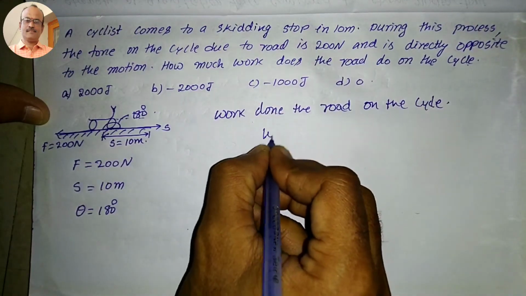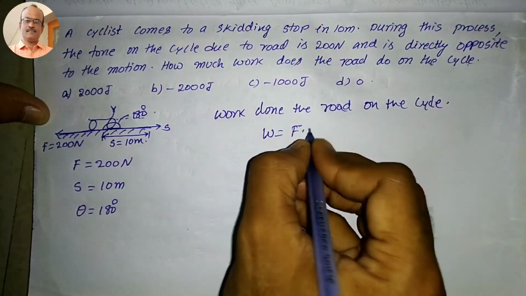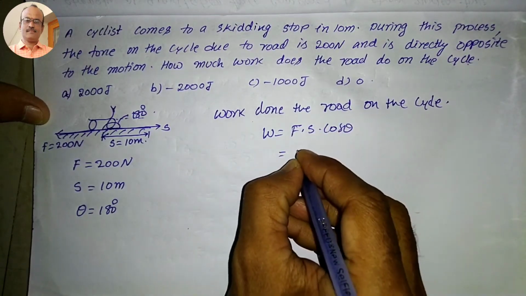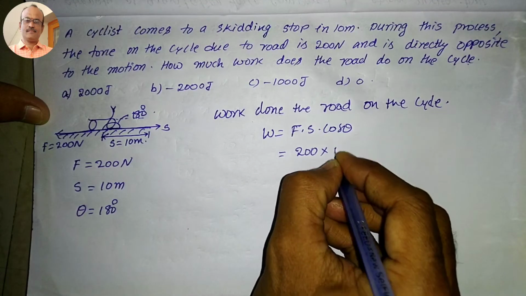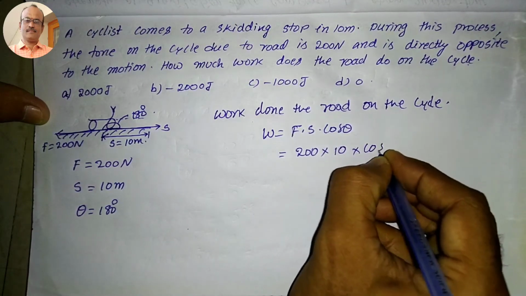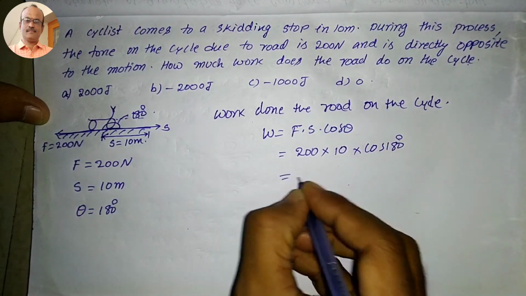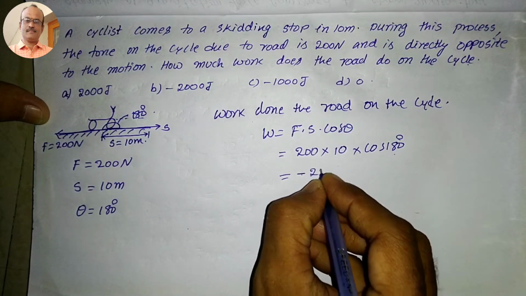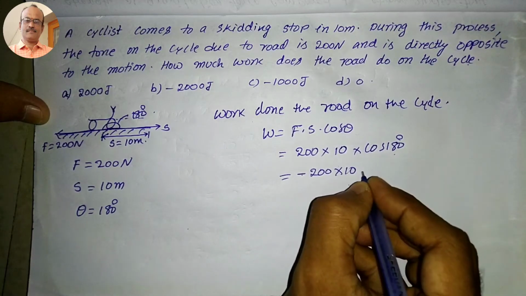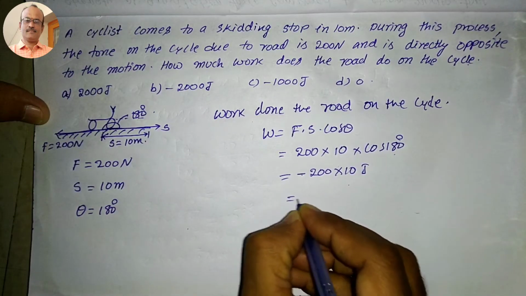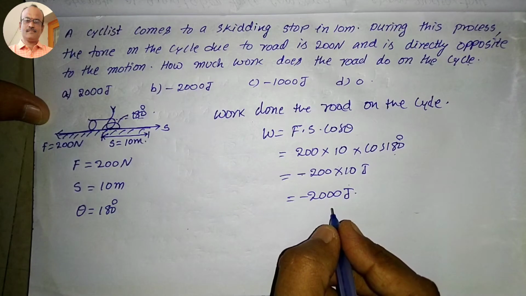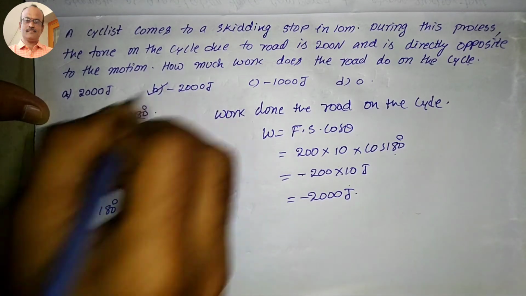So work done is equal to force times displacement times cos theta. Force is 200, displacement is 10 and cos 180 degrees, which is minus 1. So minus 200 into 10 joules is equal to minus 2000 joules. So which option is correct here? Option B is correct.